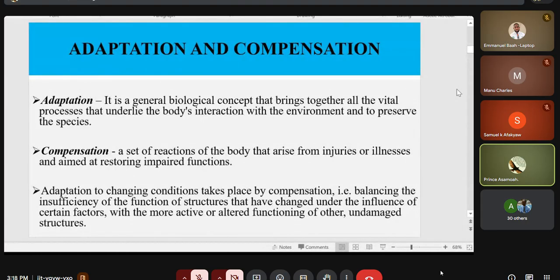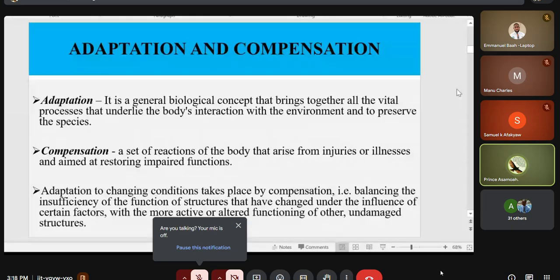Okay. So for the past weeks, we have been focusing on the cells. I think last week we considered cell injury.